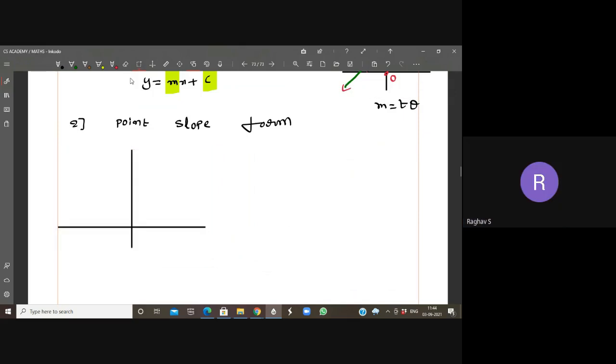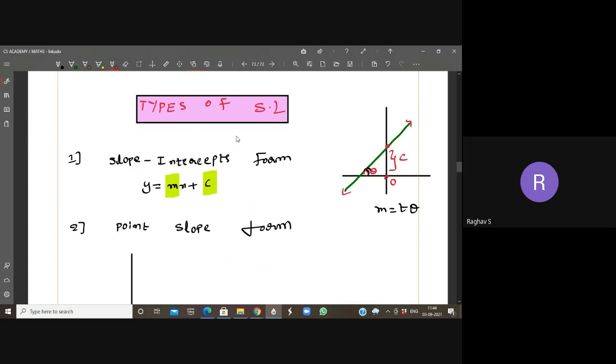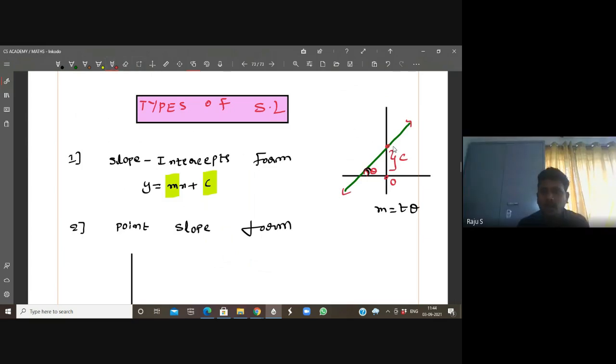Sir, can you repeat what is y, what is x, what is c for the previous one? Yeah, x and y are always a point in the plane, a point on the line. That is the same in all the types: x comma y is any point on the line, that is a moving point, and the other is a fixed point. Coming to m, it is the slope.